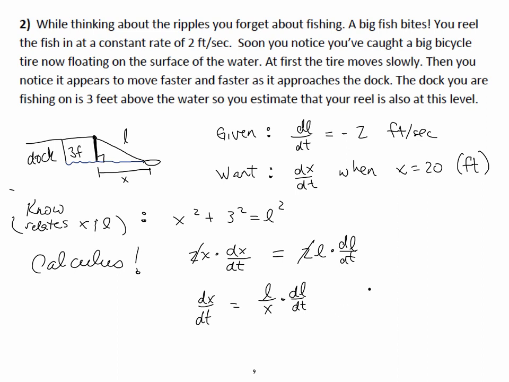So in order to actually find my answer, my solution, right, I need dx dt when x is 20. But oh shoot, the very first thing I need to plug in is L. How am I going to find L?